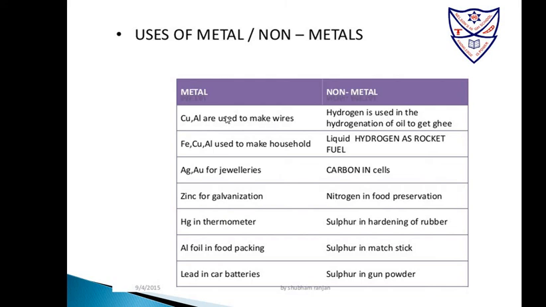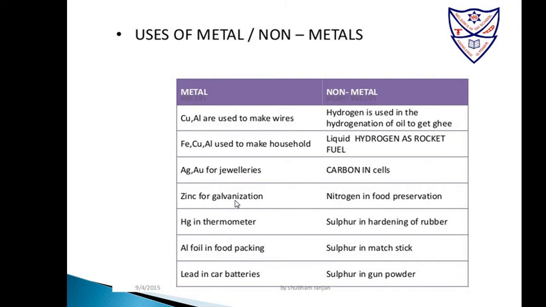Copper and aluminium are used to make wire. Iron, copper, and aluminium are used to make some household materials. Silver and aurum, that is gold, are used for making jewelry. Zinc is used for galvanization. What is galvanization? For shining material.